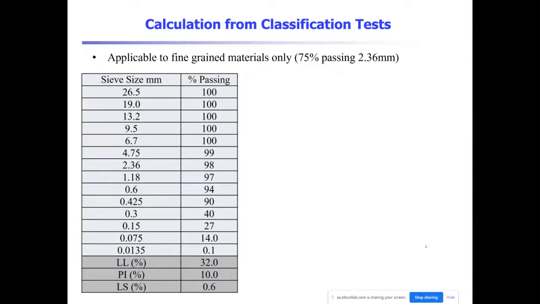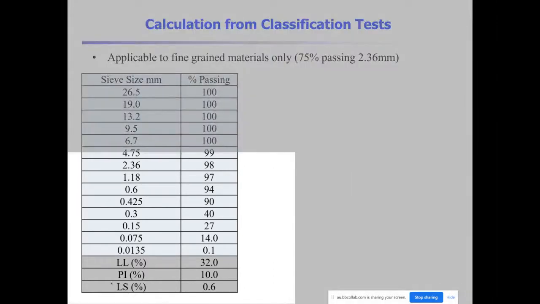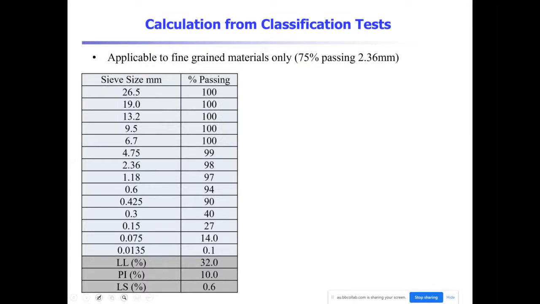So let me show you one example. We have the sieve analysis test results, as well as the Atterberg limit test and linear shrinkage test results. The first thing we want to determine is whether we can use this classification test method for determination of CBR or not.